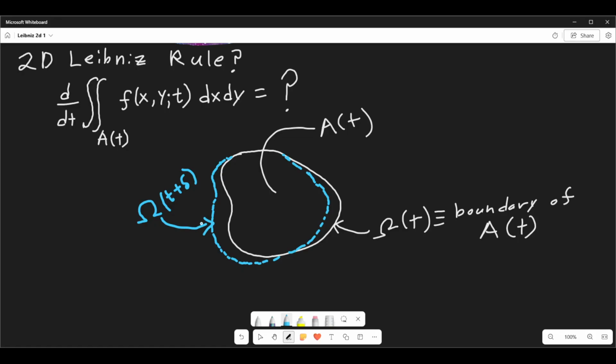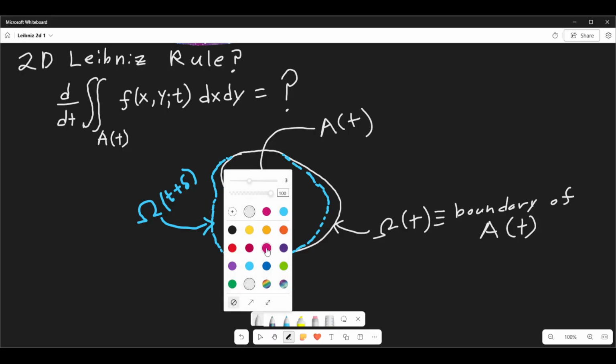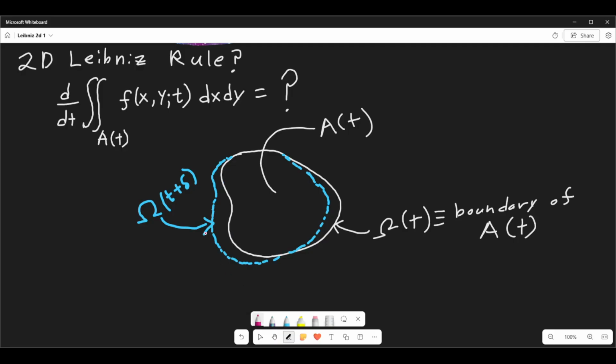So what needs to be done is to compute what the area is under the function but above these area locations. So above that and above this.